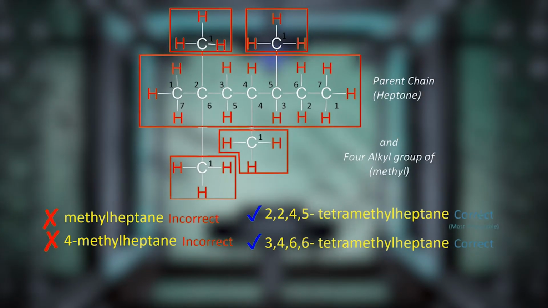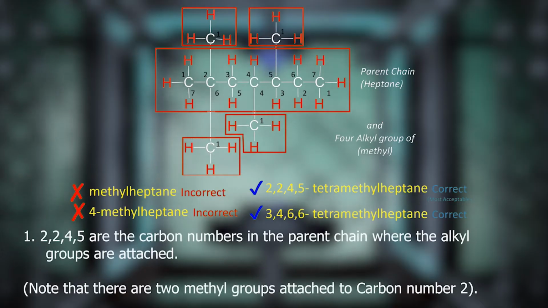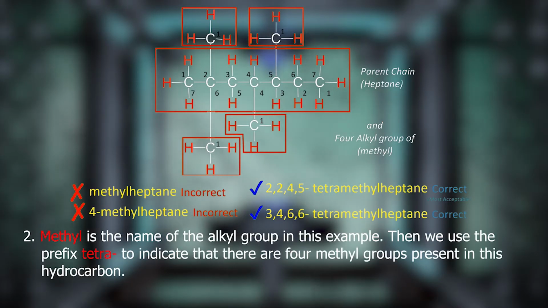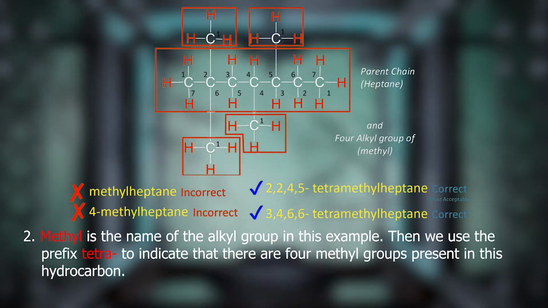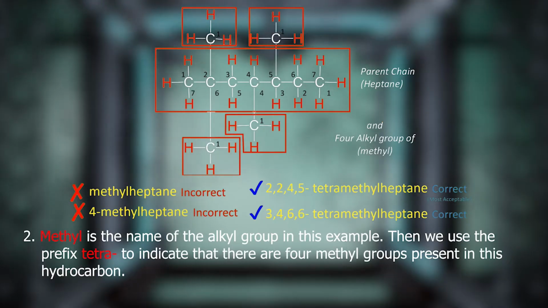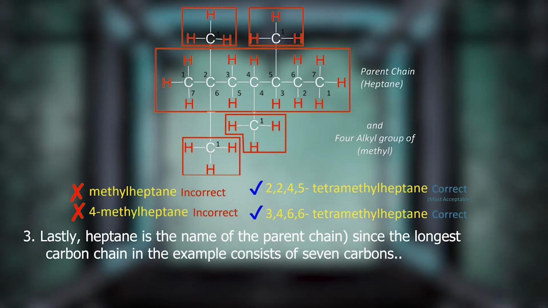In our given example, 2, 2, 4, 5 are the carbon numbers in the parent chain where the alkyl groups are attached. Note that there are two methyl groups attached to carbon number 2. Methyl is the name of the alkyl group in this example. Then we use the prefix tetra to indicate that there are 4 methyl groups present in this hydrocarbon.